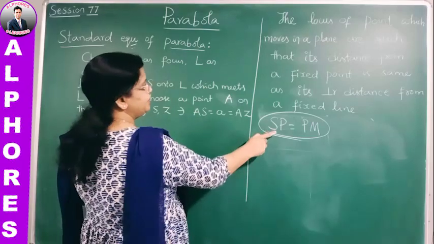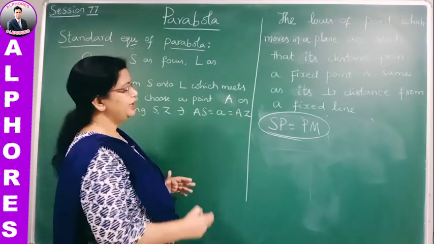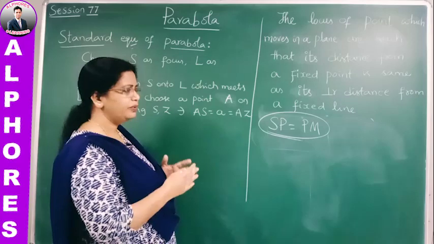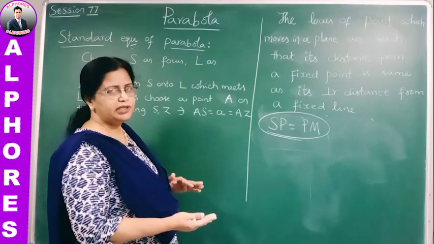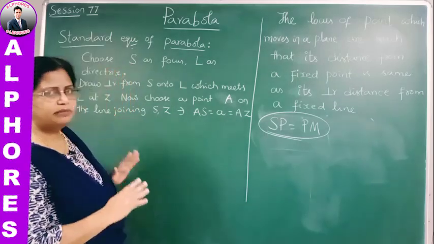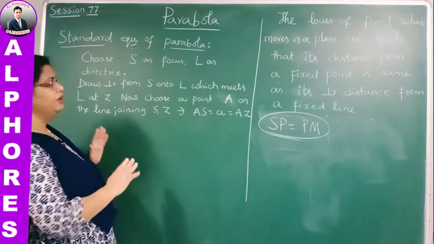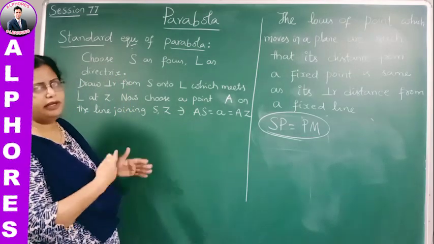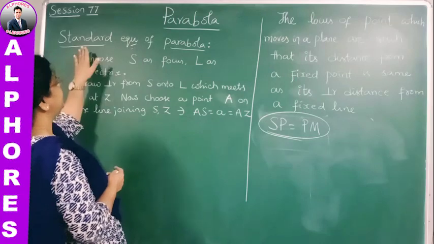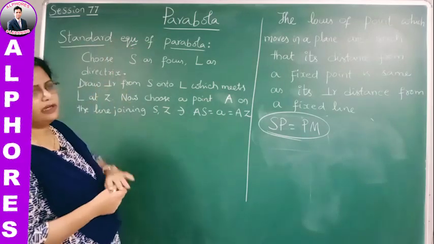Understand? Now once you get this, how can I get the standard equation? Of course you know it is a second degree equation, but we want to find a standard equation of the parabola which will be useful to us in coming concepts. So let us take the standard equation of the parabola.